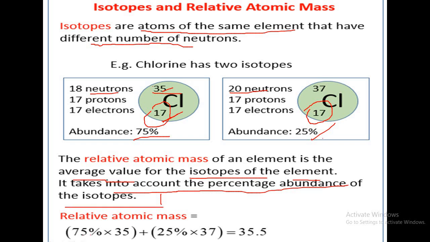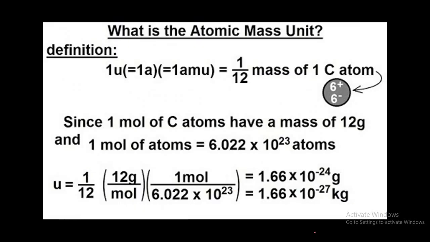So 75% of 35 plus 25% of 37 is calculated as 35.5 AMU. Now what is AMU, or atomic mass unit? 1 AMU is 1/12 of the mass of one carbon atom.